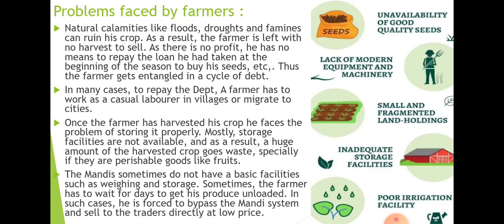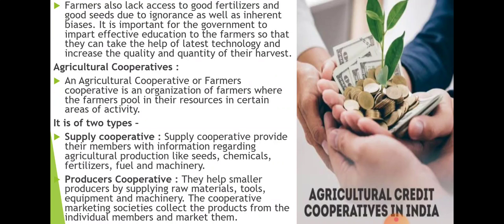Farmers also lack access to good fertilizers and good seeds due to ignorance as well as inheritance biases. Sometimes the farmer does not get good fertilizers and good seeds, and if these are not there, the production will not be good. So it is important for the government to impart effective education to the farmers, so that they can take the help of the latest technology and increase the quality and quantity of their harvest.